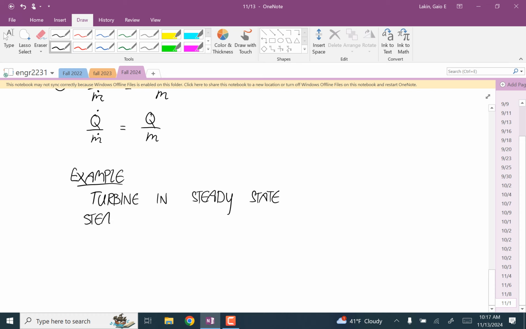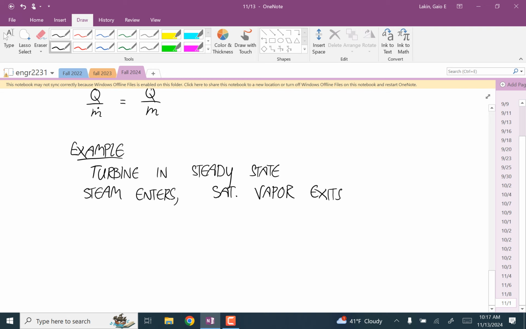And steam enters and a saturated vapor exits. At state 1, at the inlet, we have that the pressure is 30 bar.